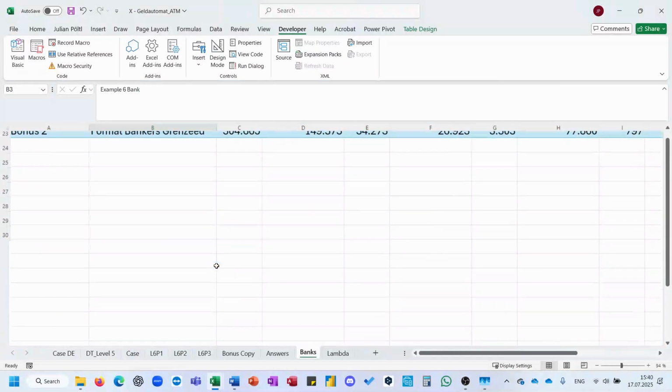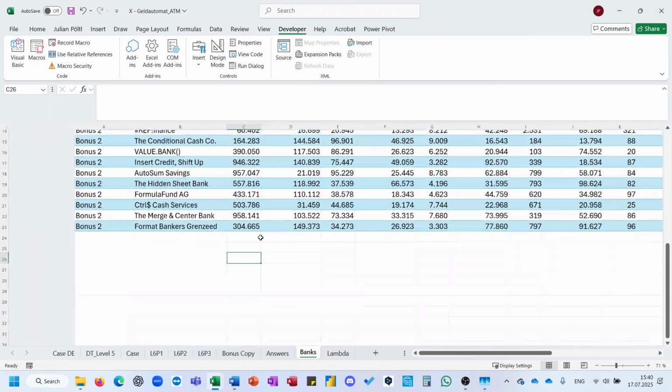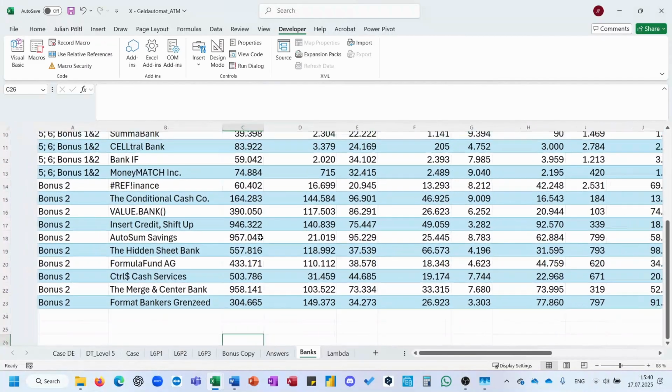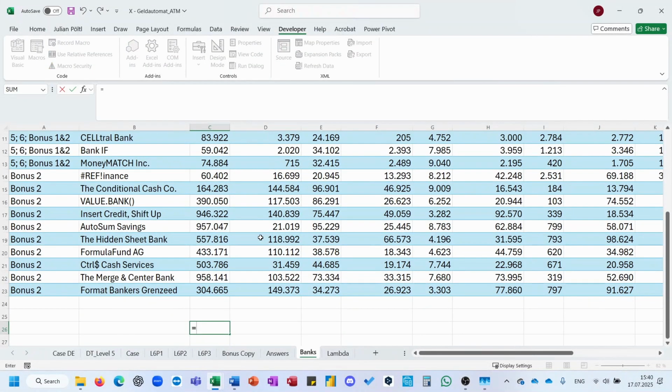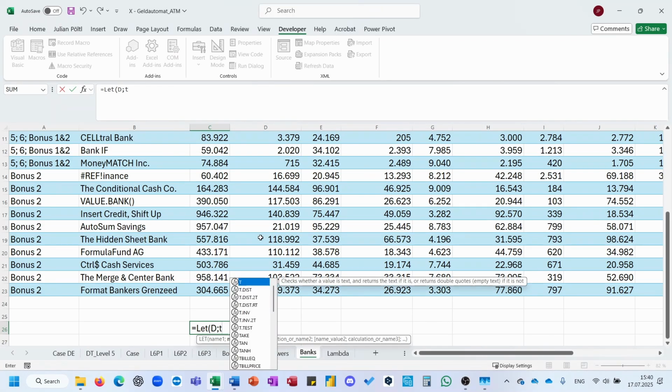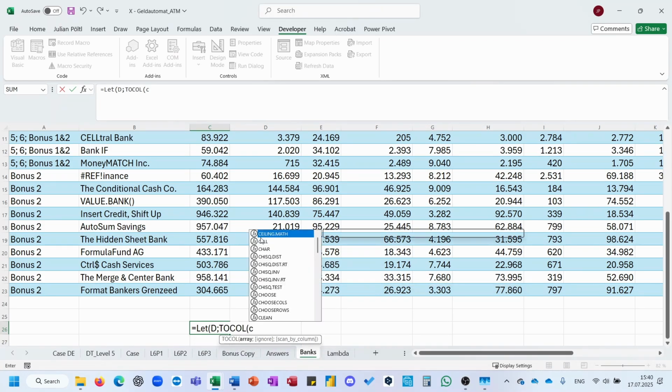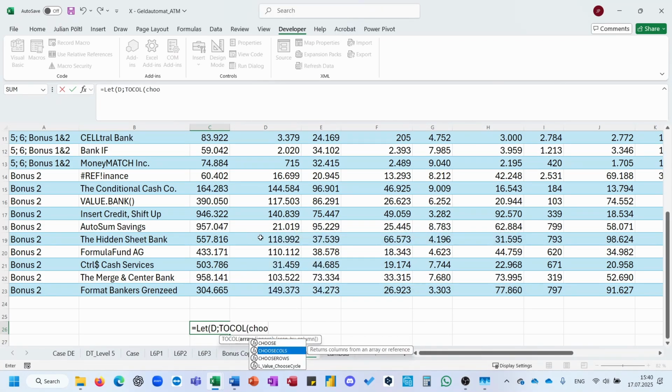Okay. What is the most common node offered by banks? Let's go to the bank table. Okay, bonus 2, we should take all of them. Group by, oh no, that's first data. To call, choose false.